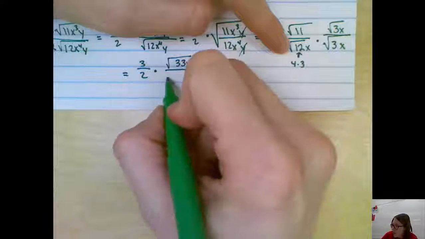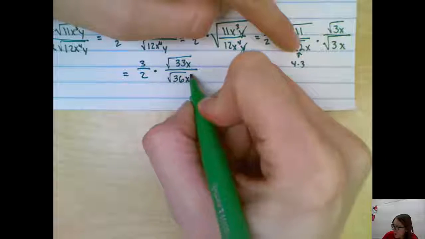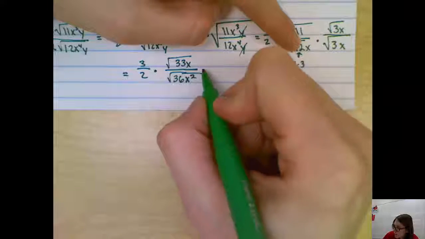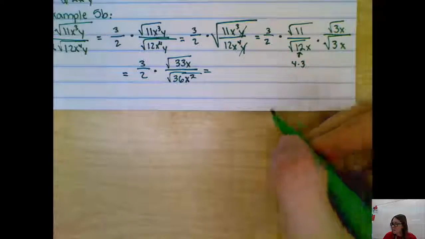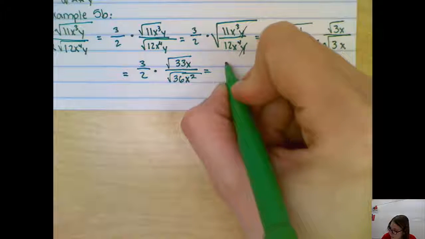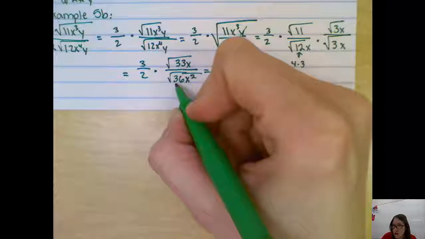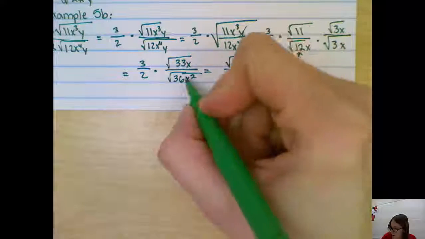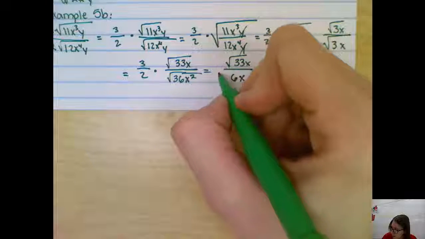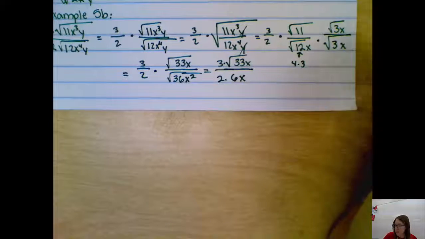Well, 12 times 3 is 36. x times x is our x squared. Square root of 36 is 6. Square root of x squared is x. And then we can put our 3 halves back in there too.